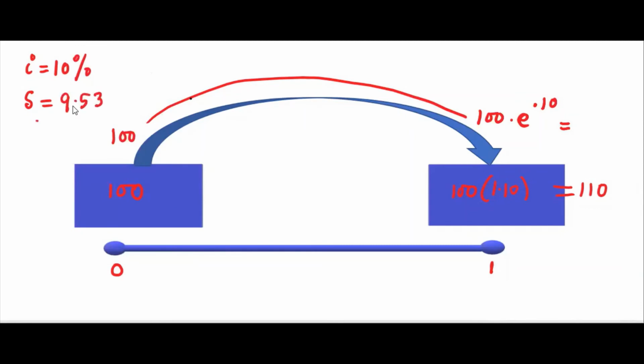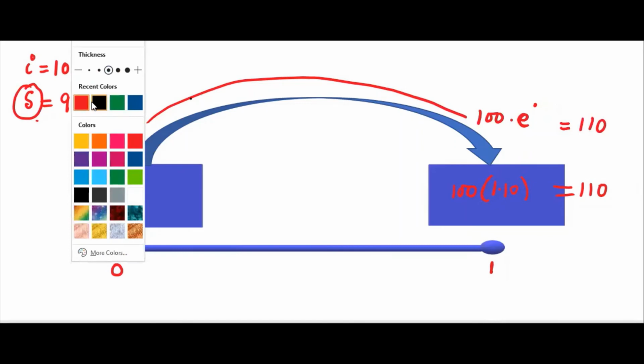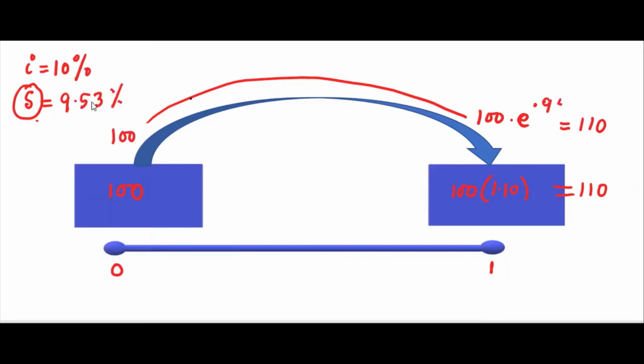How can you find this? Use the formula e power delta is 1 plus i. Using that formula, you can find delta. So if you invest your money 100 with 9.53%, you get 110 once again. You have to write 9.53 here, not 10%. If you find e power 0.0953, multiply by 100, you get still 110.